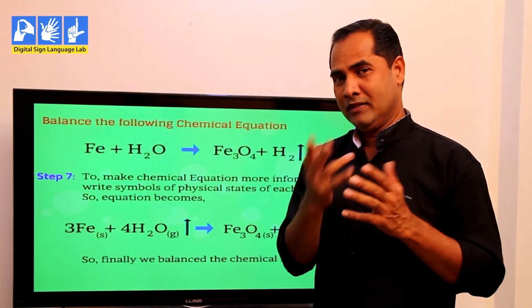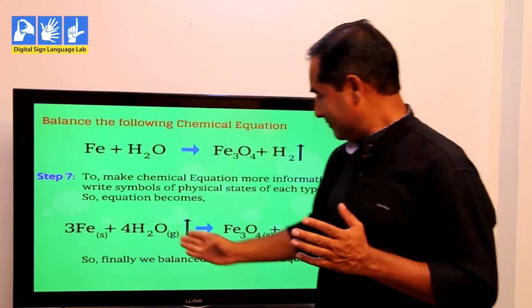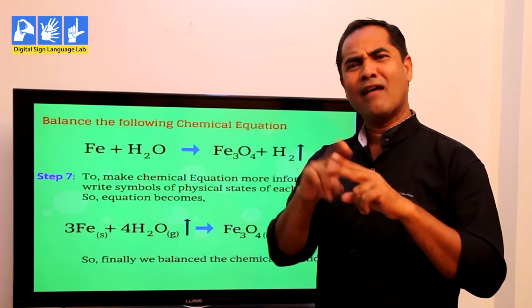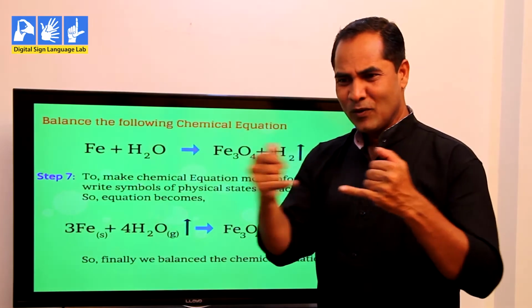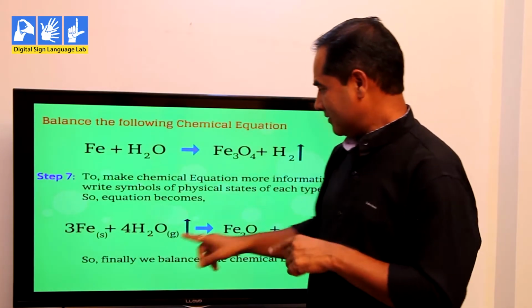Now in a chemical equation, there are certain terms, certain notations that we use. So here you see S in bracket. What does this S stand for? Iron is a metal which is a hard, solid metal. So S stands for solid.